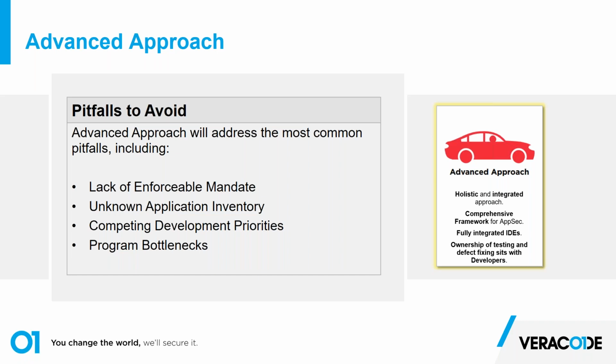So the first one is the lack of an enforceable mandate. And a piece of this is having an escalation path. So when a development team is onboarded and they scan an application and you find some critical vulnerabilities, they typically will have some guidance: you have X number of days to fix these.